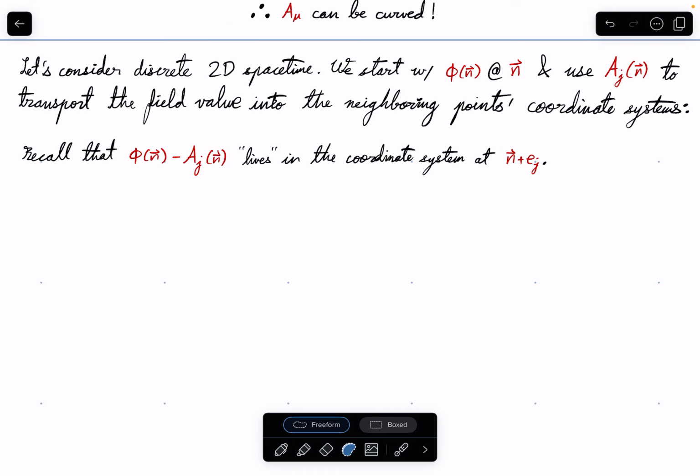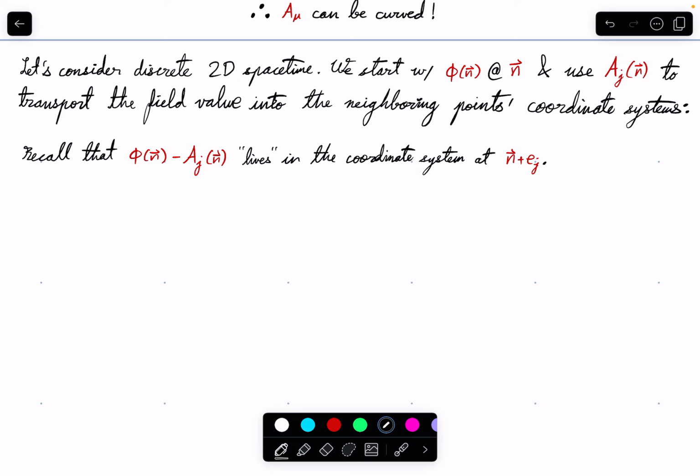So we first need to recall this. When you have a point at n, then if you consider the connection in the jth direction and you subtract that from it, then the resulting value lives in the coordinate system at n plus e sub j.